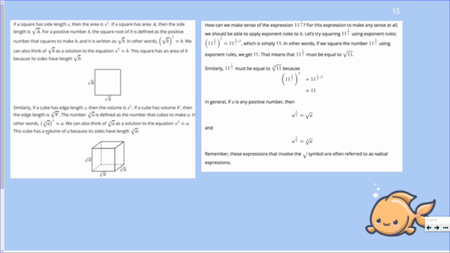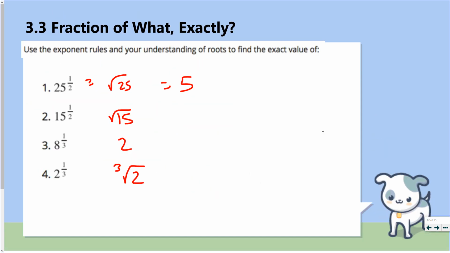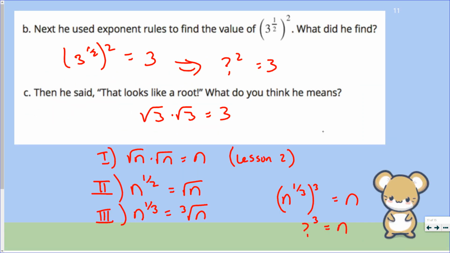What would that look like? That's going to be coming up soon. But these rules here, I know it's a little tough to see, so I'll go back and revisit this slide. These three rules. This is the big idea.